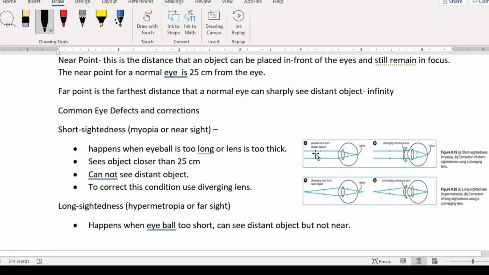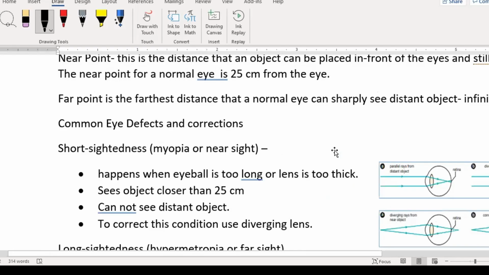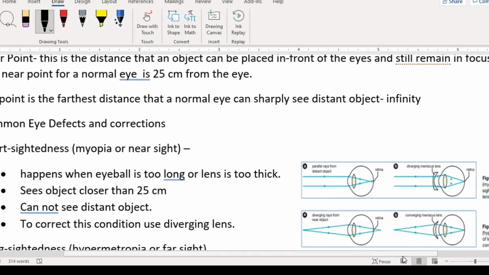We want the convergence to take place on the retina, but if the lens is too thick or the eyeball is too long, then the converging of light rays will take place before it reaches the retina.